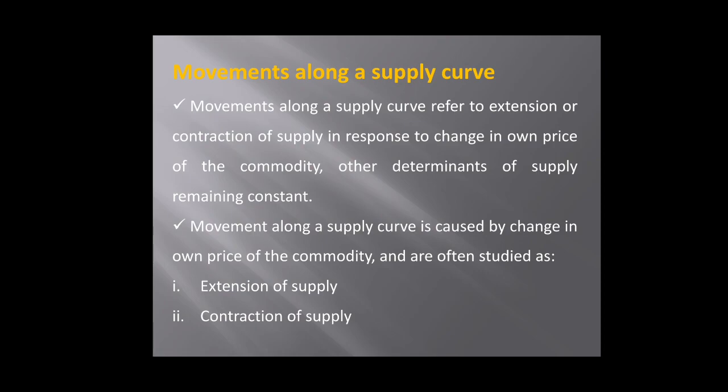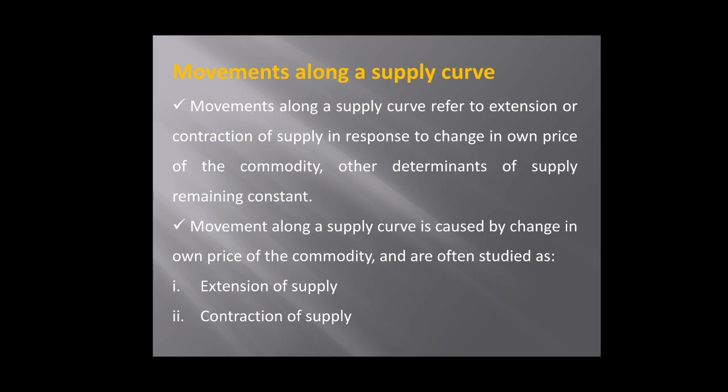Dear students, when supply of a commodity changes due to change in its own price, there can be two types of changes. Number first, extension of supply, and number second, contraction of supply. Increase in quantity supplied of a commodity due to rise in its own price is called extension of supply, and graphically it is represented as an upward movement along the same supply curve.